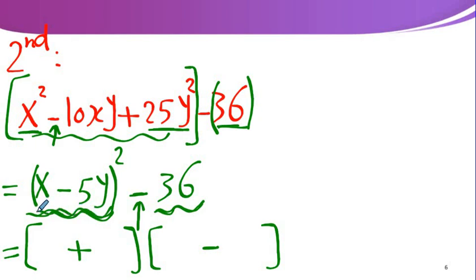The square root of x minus 5y all to the power 2 is, yes, x minus 5y. The square root of 36 is 6. So here also x minus 5y, and here is 6.